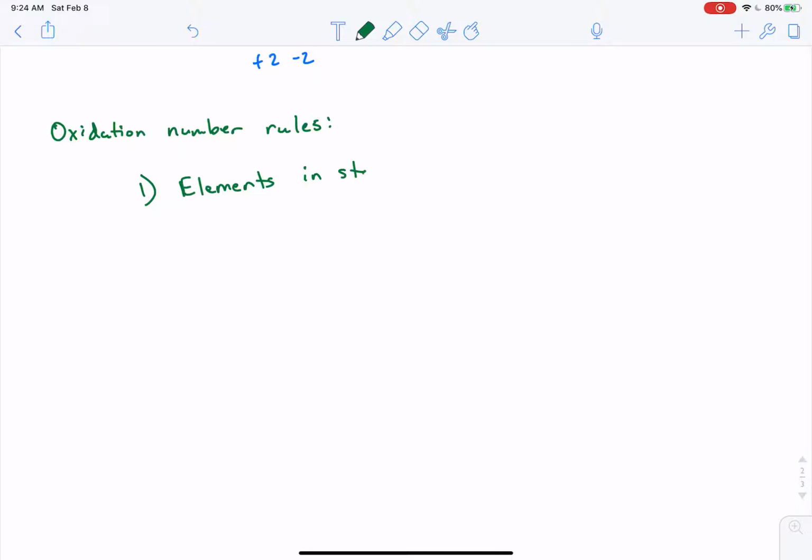Elements in standard state are 0. I wrote the slash just because I don't want to confuse anything, but it is symbolized 0 here. So elements in their standard state are 0. Diatomics, metals, whatever, they're 0.